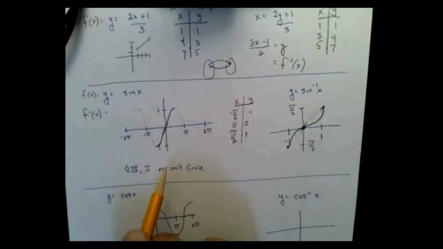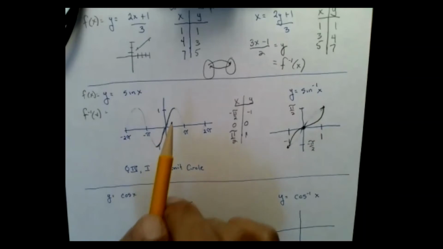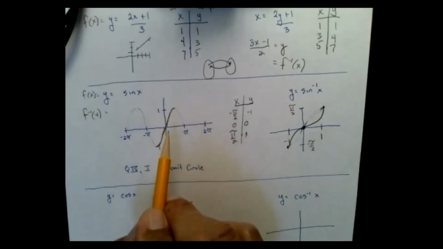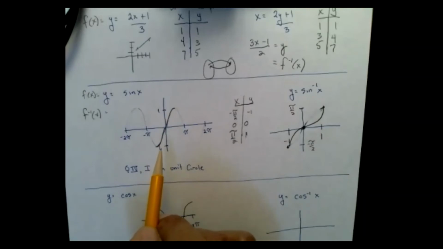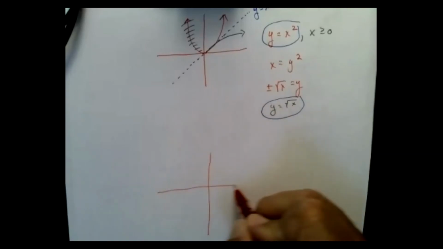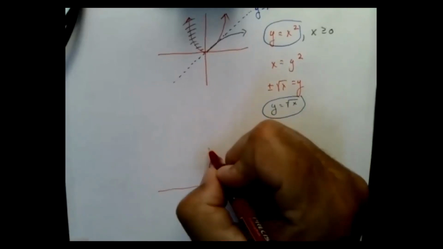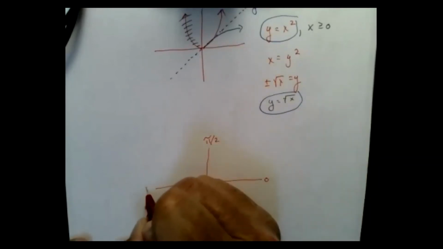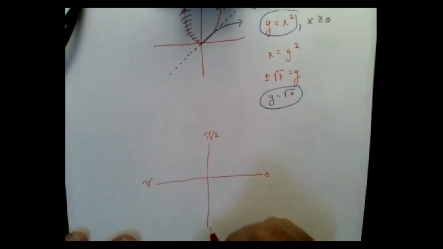Okay, now, here's where this is going to become really important and what we need to know. If I thought of my unit circle and I want to put this graph only on my unit circle, I'm going to draw my unit circle. Here's 0, here's pi/2, here's pi, here is 3 pi/2.